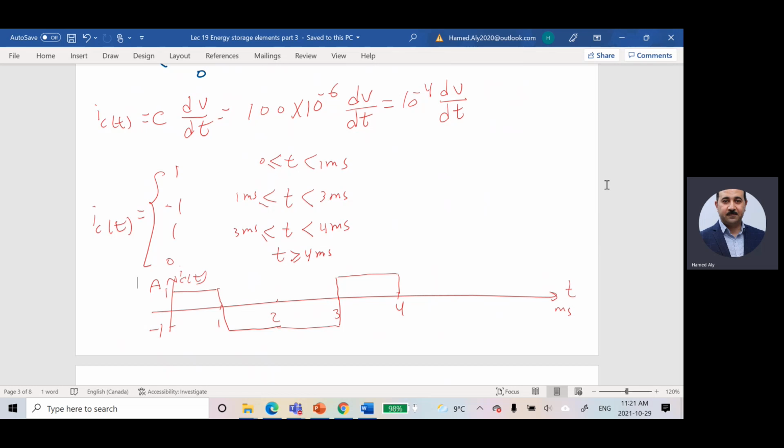What about if I have R and C connected in series or in parallel? Or R and L in series or in parallel? What about if I have RLC connected in series or in parallel? This will be our talk for the next weeks. And this is the end for today's class.